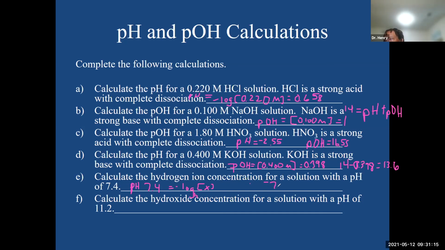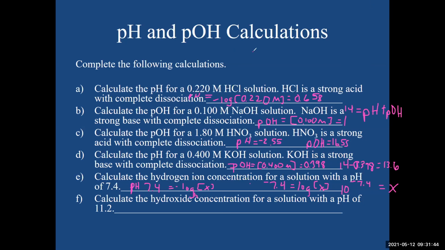So we have negative 7.4 equals log base 10 of X. So then if we take 10 to the power of negative 7.4, that's going to be the inverse of that, and that's just going to give us X. Do you understand?